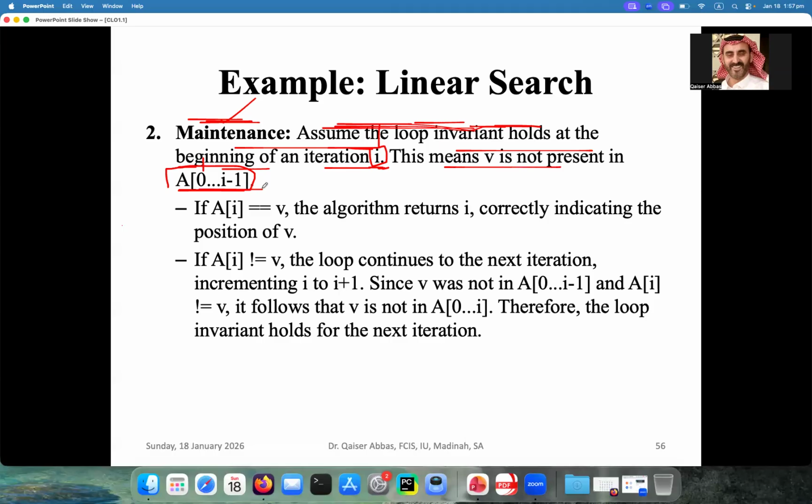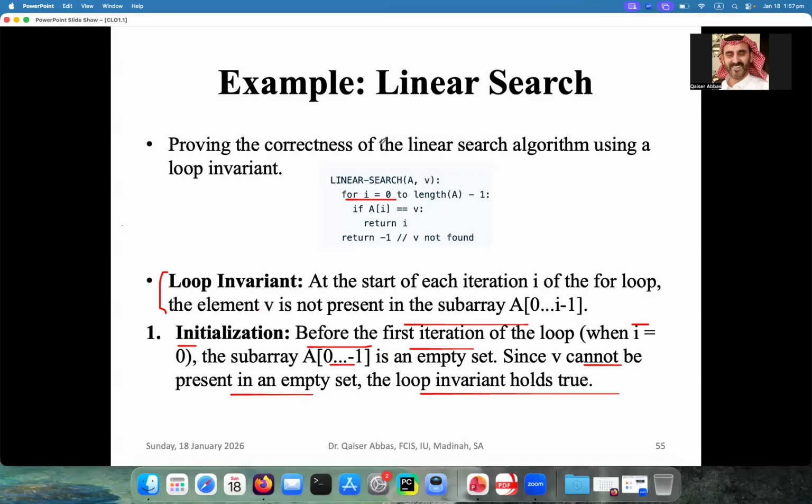When it is not present here, now for iteration I, what will happen in this algorithm? You will check if A[I] is equal to V. And if it is equal, you return the location. And when the whole loop ends, it returns that it is not found in the array.